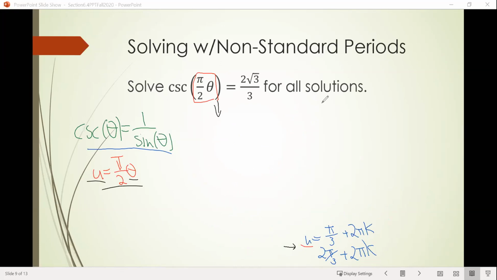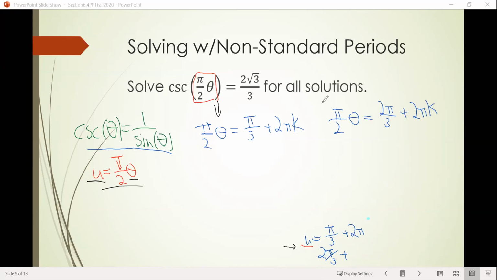So now instead of using these u equals, we'll have pi over 2 theta equals pi over 3 plus 2 pi k, and then also pi over 2 times theta equals 2 pi over 3 plus 2 pi k.